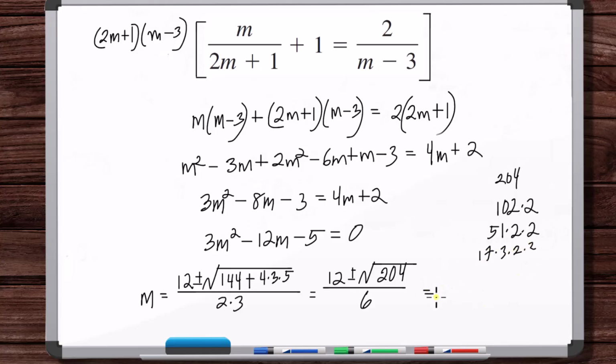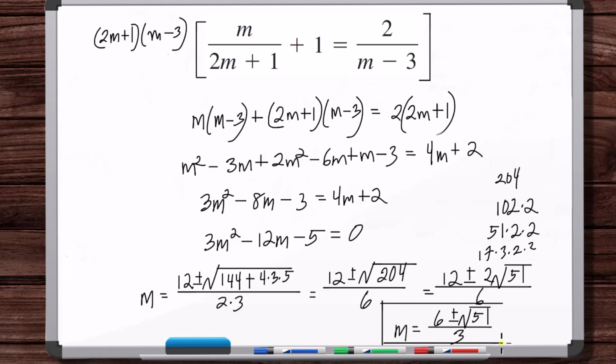So we can take out a 2 here: 12 plus or minus 2 root 51. So m is equal to 6 plus or minus root 51 all over 3. And there we go. Those check out. That's not minus 1/2 or 3. So those are the two solutions.